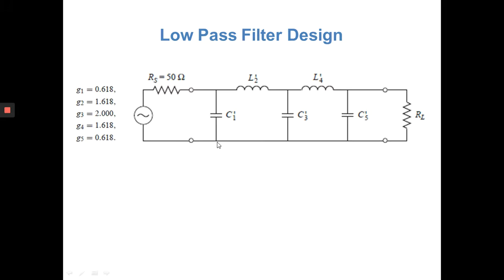In our design section in the previous videos, we learned that after this we can convert this C1, L1 to real capacitor and inductor values. So there is some process that you already know if you've gone through those videos. But in this implementation video, we will not go towards that one.